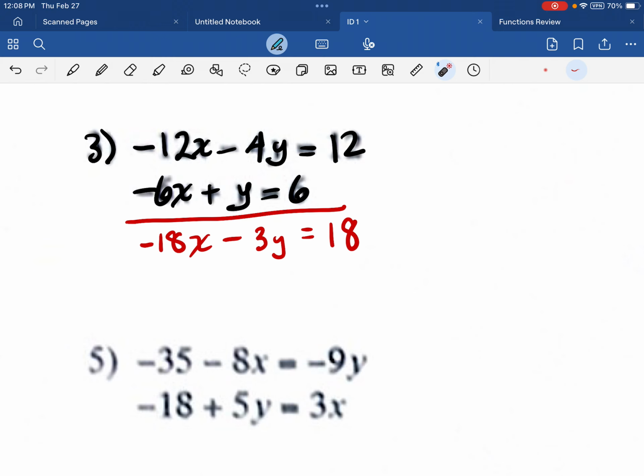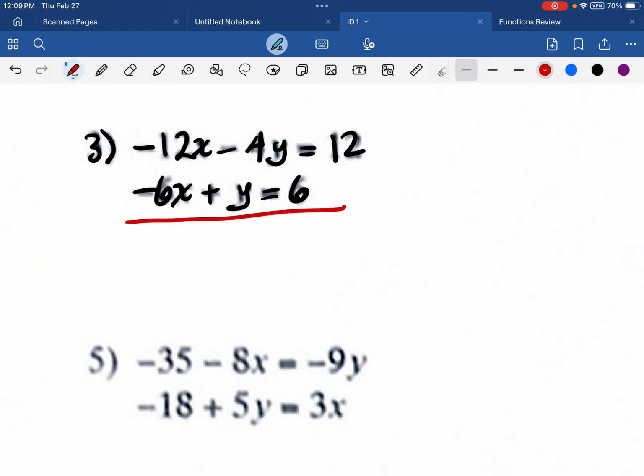Man, you know what would be nice is if this bottom y right here was a positive 4. That would be super nice, because then we have a negative 4 up here and they would end up canceling. I wonder if there's anything we can do to turn that bottom y into a positive 4.